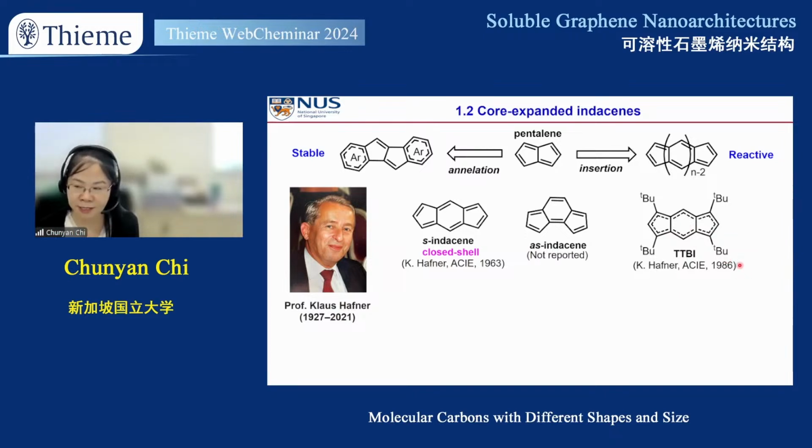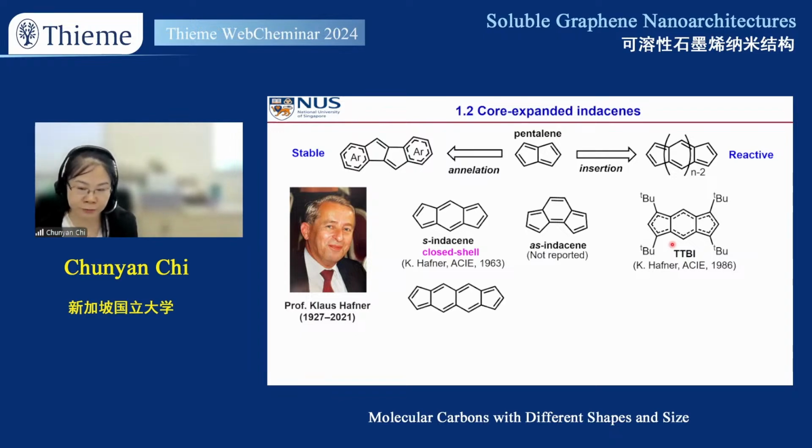After 1986, successful synthesis of further expanded pentalenes was not reported for over 30 years. This is mainly because people thought this kind of structure is not stable, but it is of great interest for us to understand the electronic structure of this type of molecules and why they are not stable.